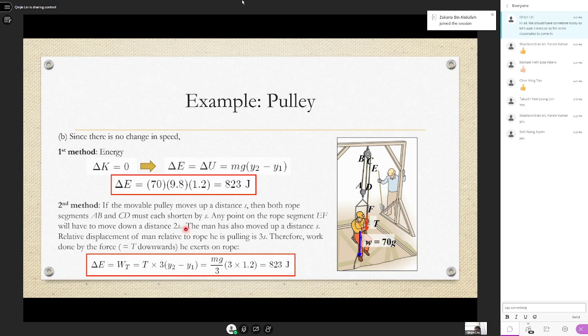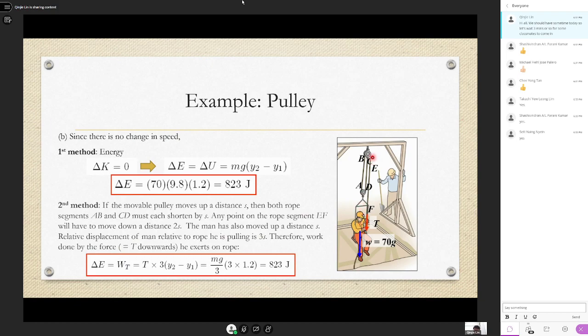Then the man has also moved up a distance s. In this question, the s that we are referring to is that 1.2 meter. So the displacement of the man relative to the rope he is pulling would therefore be 3s. Because he himself moves up 1.2 meter, which is a distance of s.